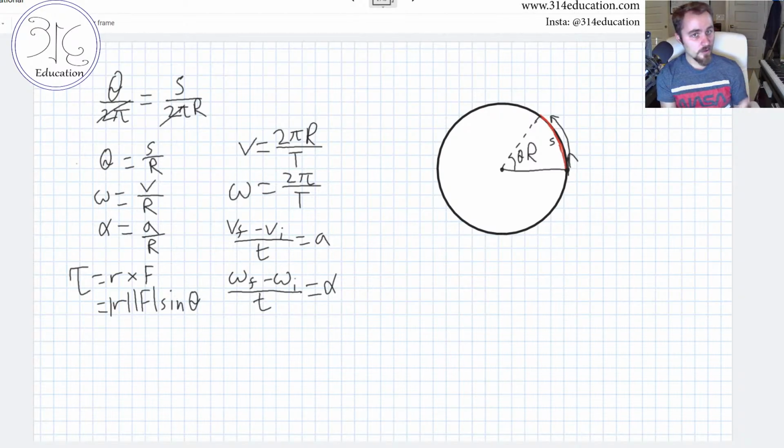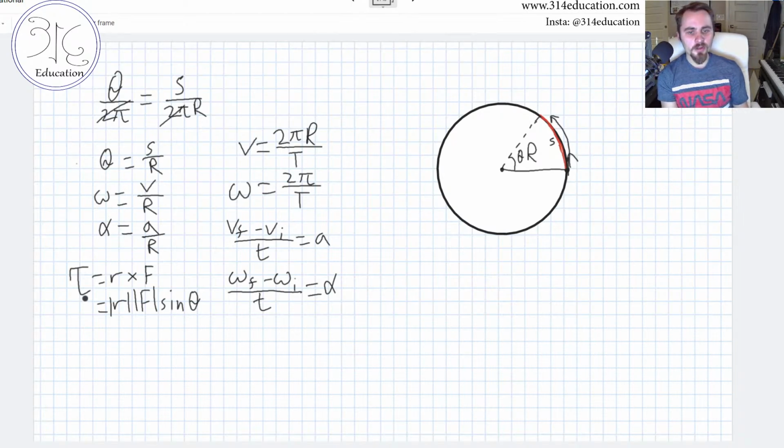And so we're going to be looking for cases where we want these to be 90 degrees. That maximizes our torque because the sine of 90 degrees goes to 1. Similarly, we can see that the sine of 0 goes to 0, meaning if there's no angle between these, if the force is pointing in the same direction as the radius, this doesn't induce a torque, and this gives us a torque value of 0.